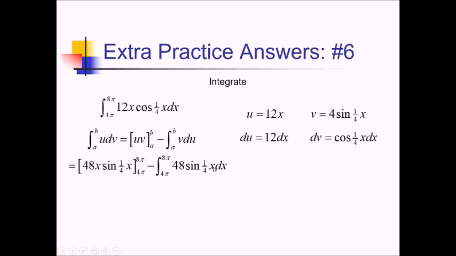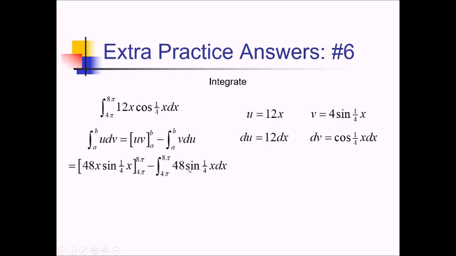Now I have to take the antiderivative of this stuff. We still have to divide by that inner function, tail, 1/4, divide by 1/4, so multiply by 4. What's 48 times 4? Well, 4 times 40 would be 160. 4 times 8 is 32. 160 plus 32 is 192.